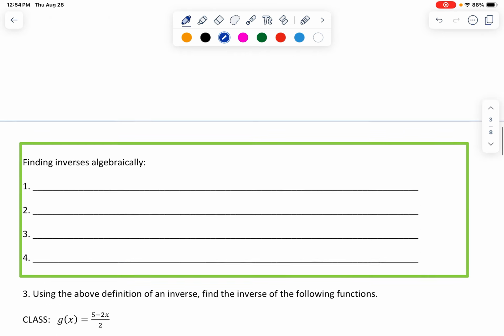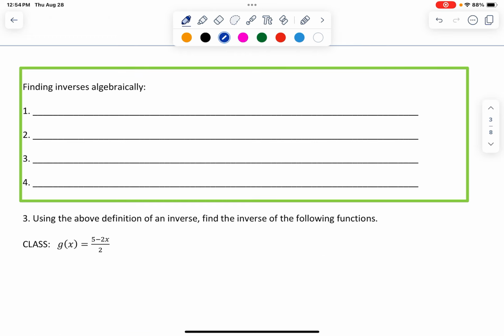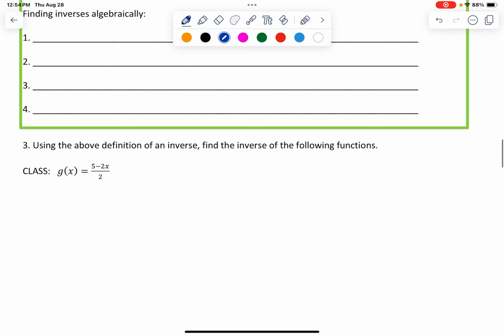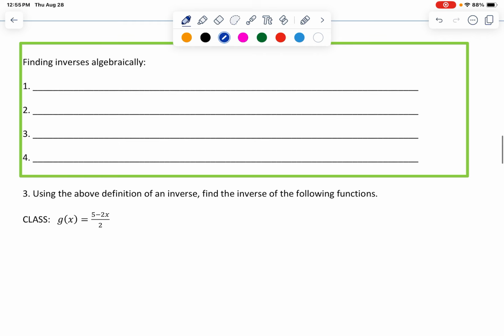All right, so how do we find an inverse algebraically? So when you have an equation like g of x right there, how do we find the inverse of that if it's not a list of ordered pairs? So there are some steps that we can write down. If this is g of x, we want to rewrite it as y. I tend to not skip the step, but just imagine it first.